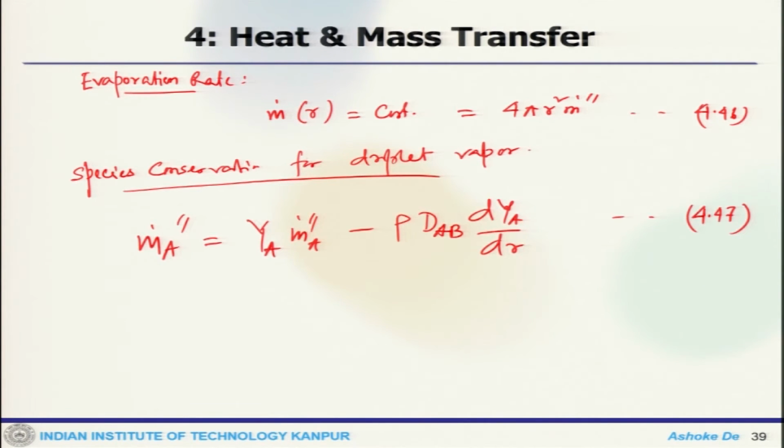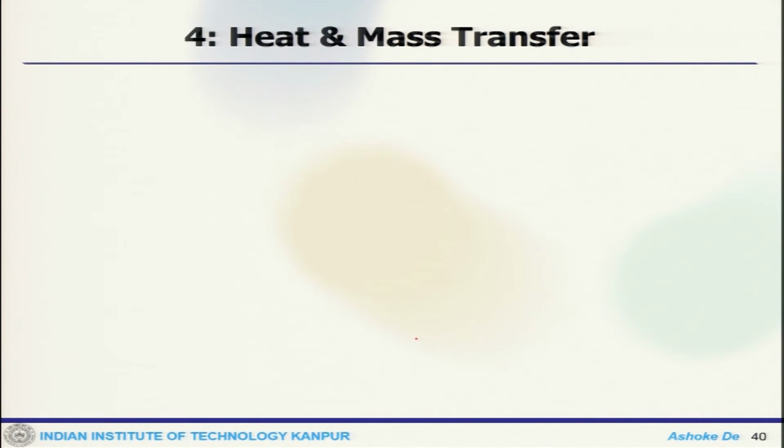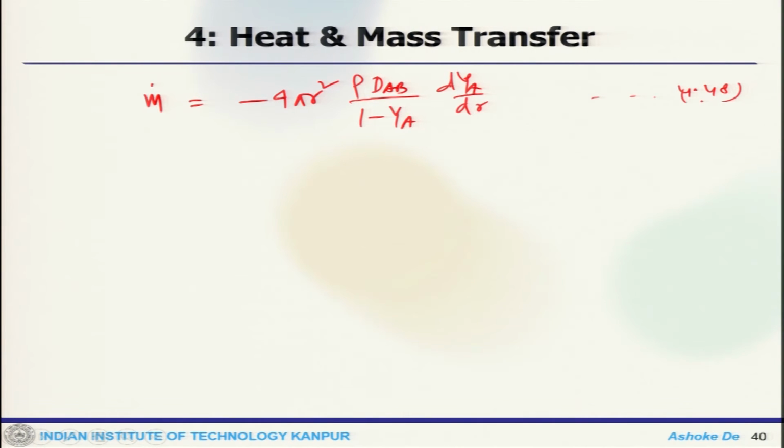Now, we substitute 4.46 into 4.47 and what do we get? We solve for m dot, and m dot equals minus 4 pi r square divided by rho d a b, 1 minus y a, d y a by d r. Now, once you get this, you can always integrate and apply the boundary condition.